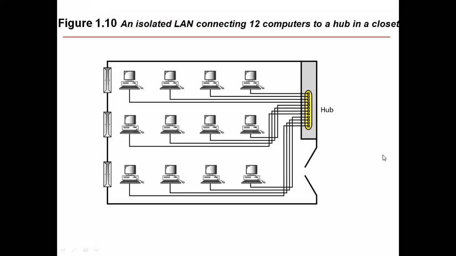So this is an example for LAN. So here in a lab, we have 12 systems. All the 12 systems are connected with the hub. So what type of topology is used here? Hybrid. It's not hybrid.